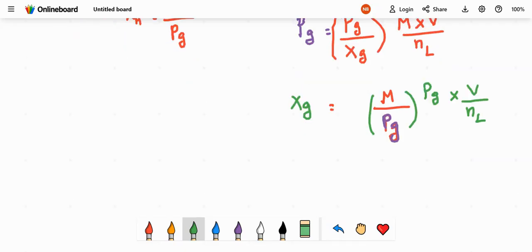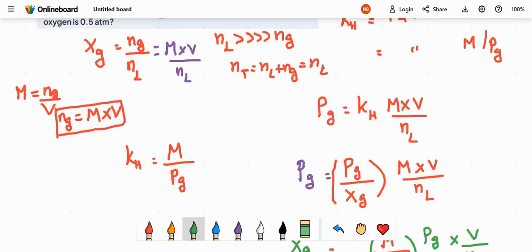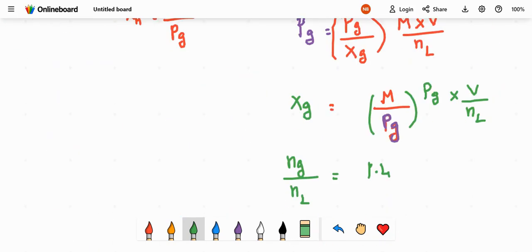And then look at this. Here, instead of writing Xg, I can write number of moles of gas divided by number of moles of liquid solvent. So molarity by pressure Pg, they have given us 1.4 into 10 to the power minus 3, because this is actually the Henry's constant they have maintained, molarity per partial pressure of the gas.